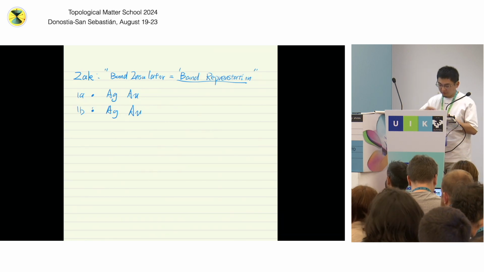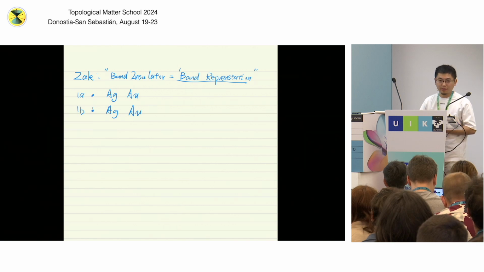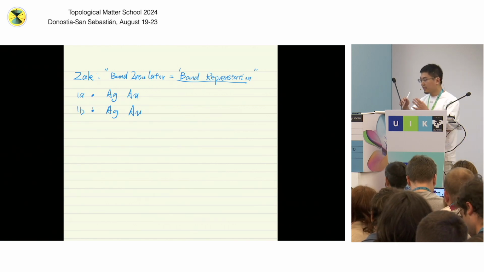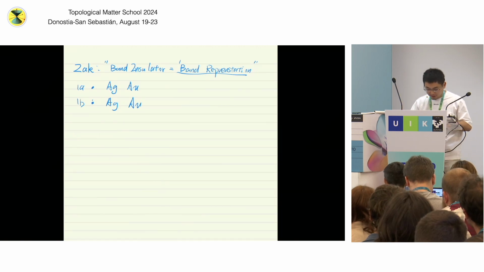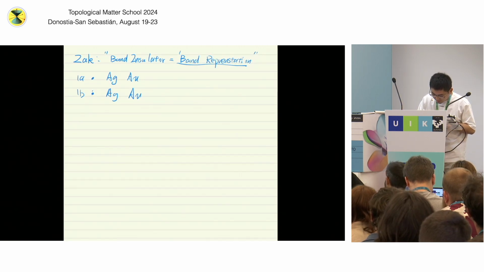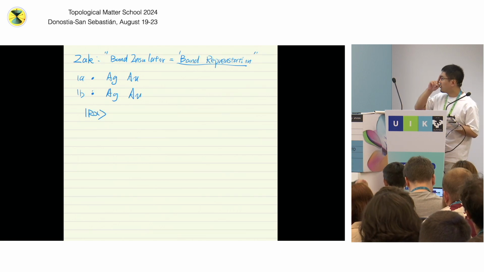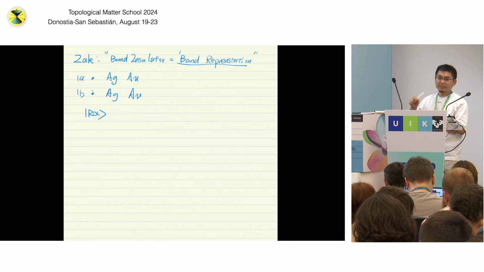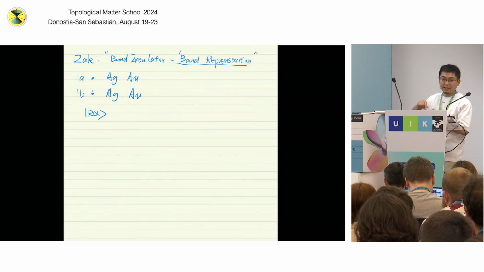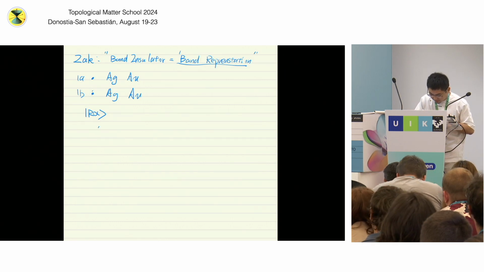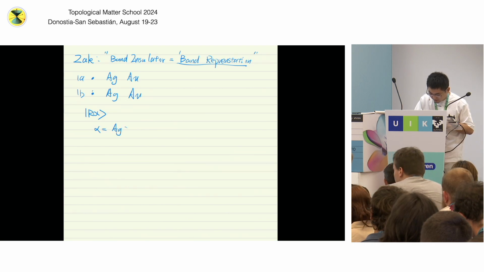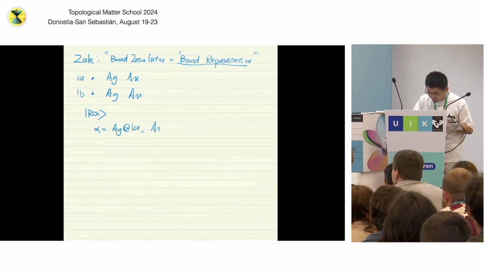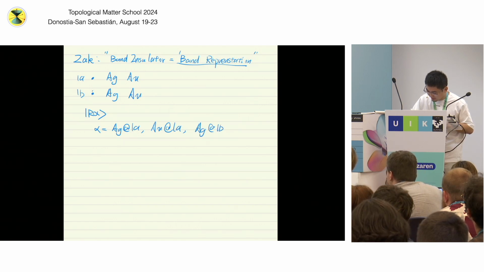And now let's transform these real space orbitals to momentum space and see what we can say about the band structure. So now let's denote a local orbital in real space by this notation, R alpha. R denotes the unit cell, an integer number. And alpha takes values in Ag at 1a, Au at 1a, Ag at 1b, and Au at 1b.